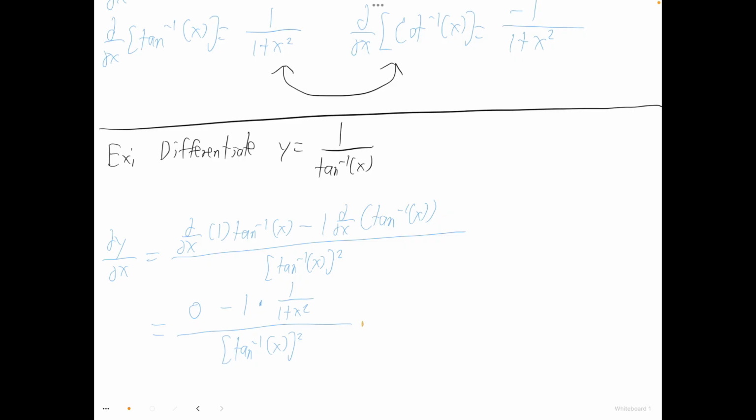This one, multiply the top and the bottom by 1 plus x squared, just to get rid of the mixed fraction that we have. So this gives us negative 1 divided by 1 plus x squared times tangent inverse of x quantity squared. So that is our derivative then of 1 over tangent inverse of x.